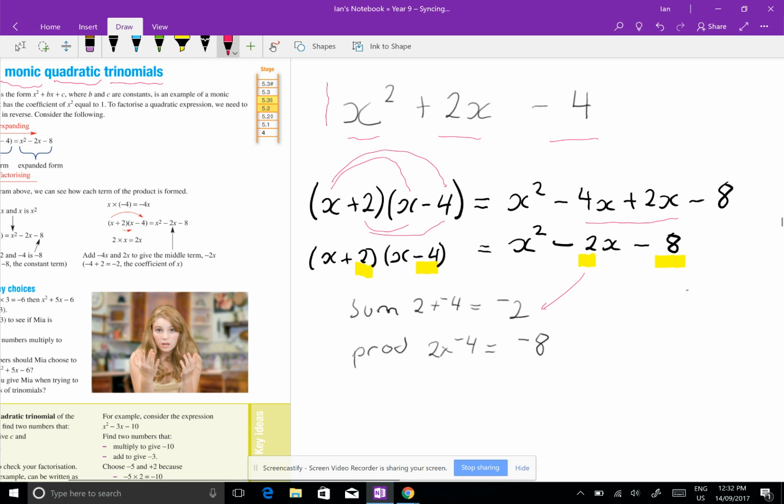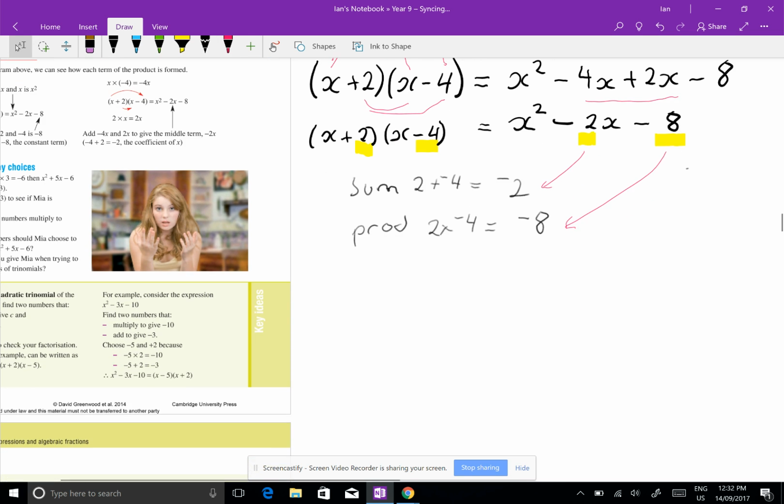So you can see that when I expand, the thing that goes in front of the x is the sum of those 2 numbers, and the constant term at the end is the product of those 2 numbers. Now, will that work for anyone?